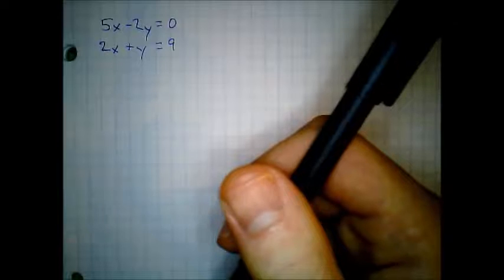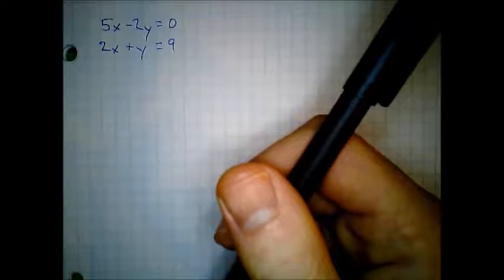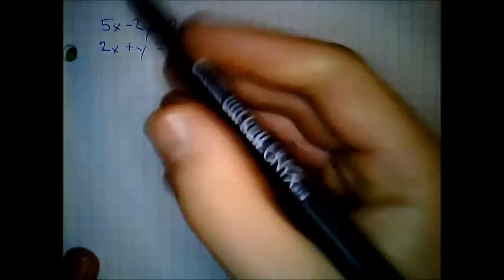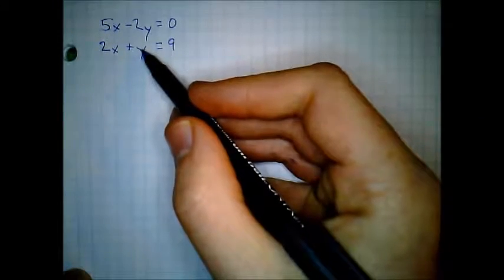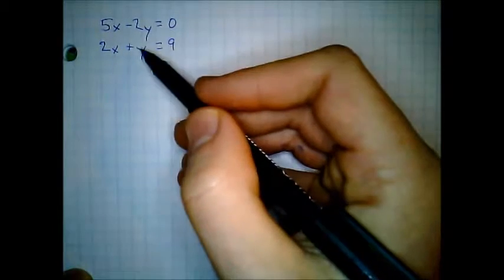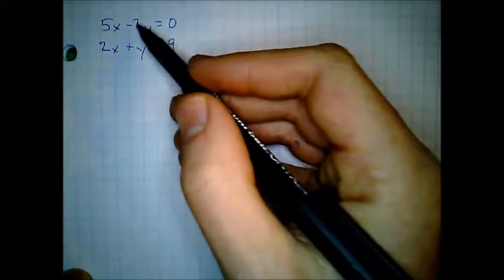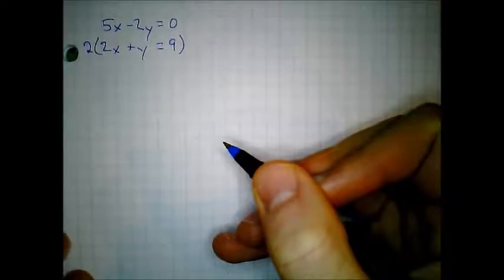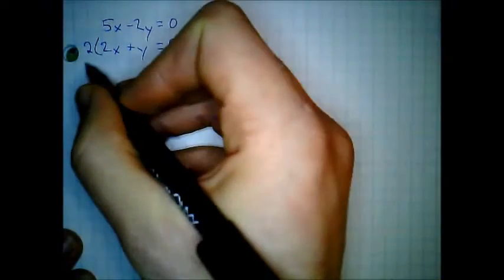I notice I could very easily get a positive 2y here by multiplying this second equation by 2, because I need a positive 2y to eliminate with my negative 2y. If this was positive 2y, we just combine them and they'd be gone. So let's make this a positive 2y by multiplying every single number in this second equation by 2.